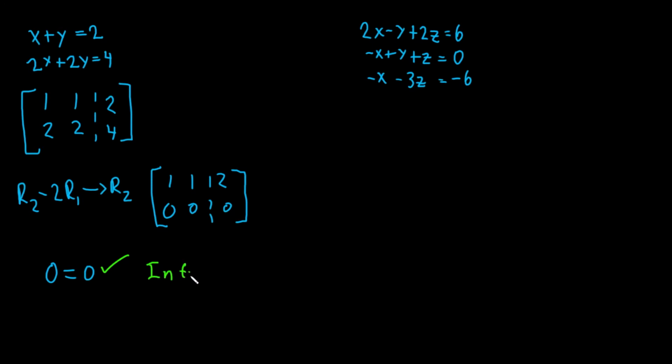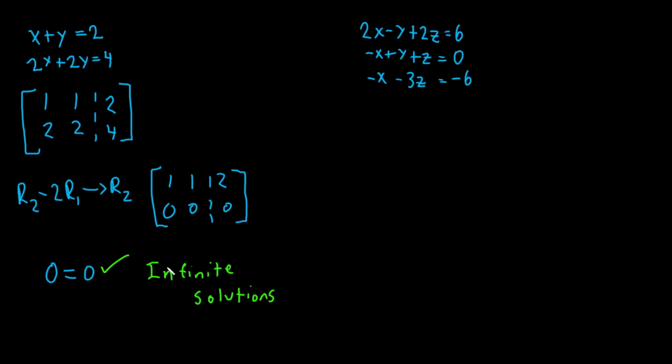The difference between this case and the case with no solutions is that in the case with no solutions, this entry right here was a non-zero number. We had that 0 is equal to some non-zero number, which is obviously never true, and would yield us the case of no solutions. But since this is always true, this gives us the case of infinite solutions.